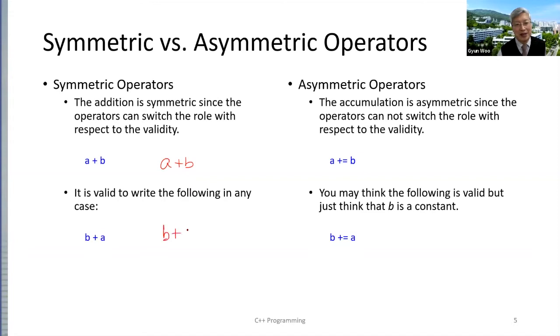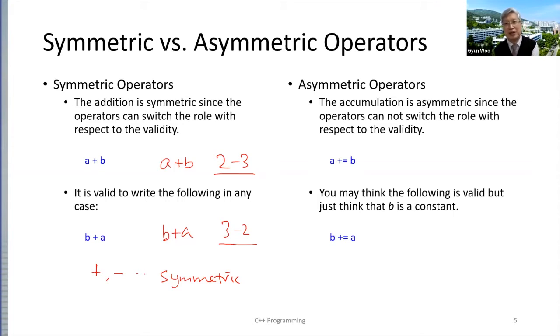For example, 2 minus 3 is valid syntax. Then you just switch the roles: 3 minus 2, even though the values are different, it is valid. So in that way, plus and minus are all symmetric.